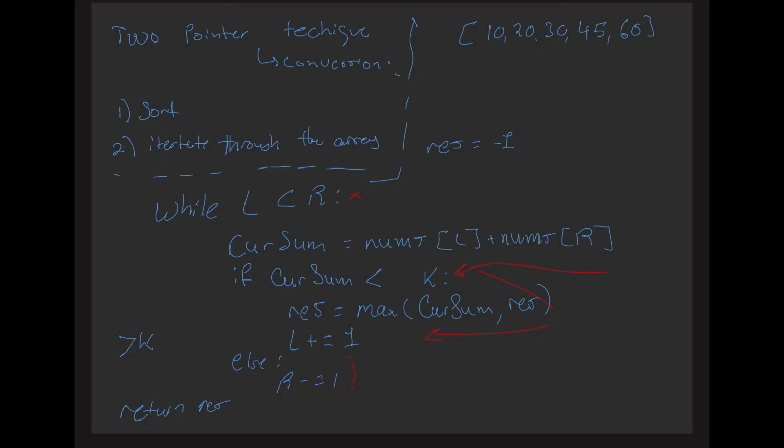And K is equal to, let's do 40. So again, we would start in left and right. 60 plus 10, that's 70. So we're gonna come down here. That'll be 55. Again, we're gonna keep going down.